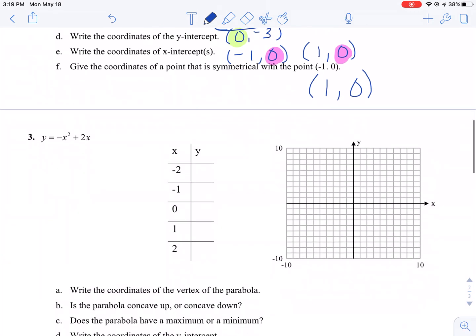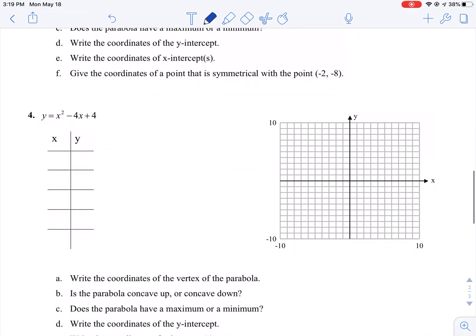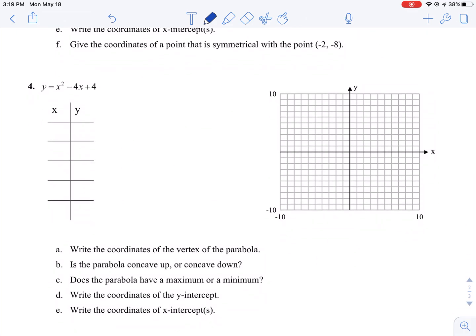So number 4, let's go ahead and put some points in here. You always kind of want to know what's happening around the 0, around the origin. So I recommend putting points like negative 2, negative 1, 0, 1, 2, something like that.